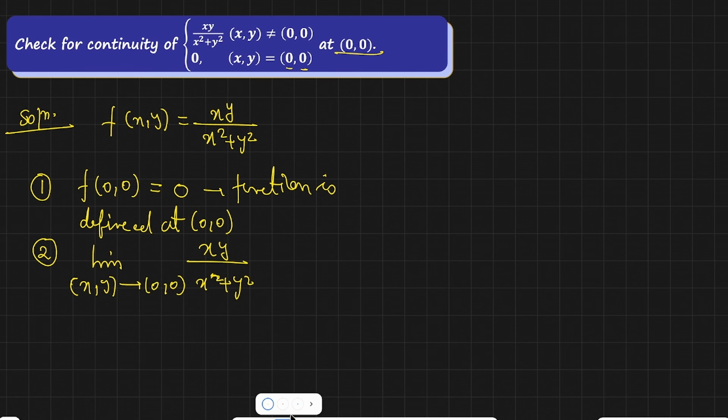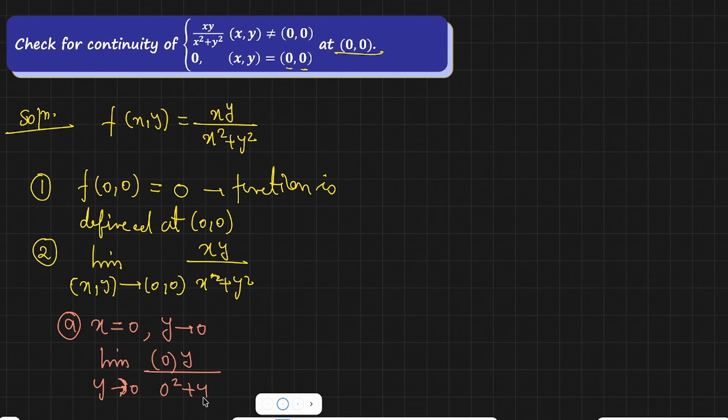Then I will use the path test. What will be the path test? When x equals 0 and y tends to 0, it means limit y tending to 0, put x equals 0. When you put x equals 0, it will be 0 upon 0 square plus y square. It will be 0. This limit is finite.